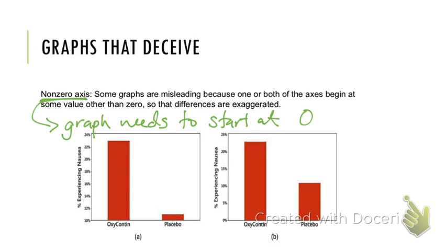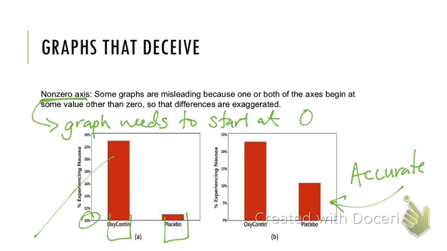If you look at the difference between the two, the first one doesn't start at 0, it starts at 10%, so it cuts off all of this area underneath, and it looks like there's a really big difference between the two when it's not as drastic. The second one is accurate. This one is not, because it doesn't start at 0.